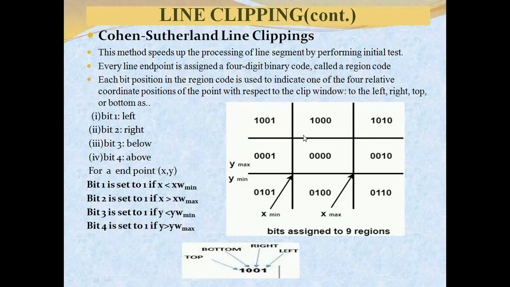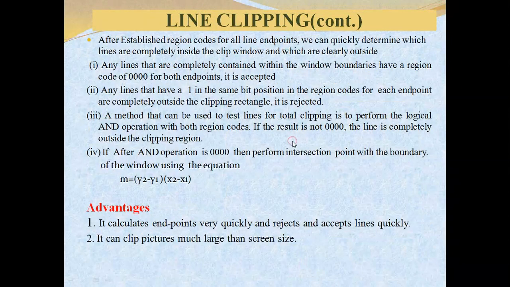Now how to set or decode the region code. For any point (x, y): this is the coordinate, this point xw min, this point xw max, and yw min, yw max.